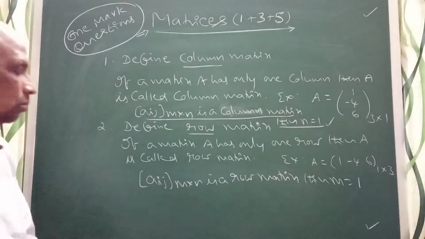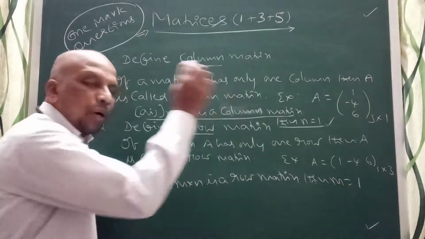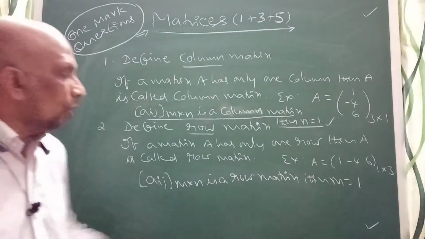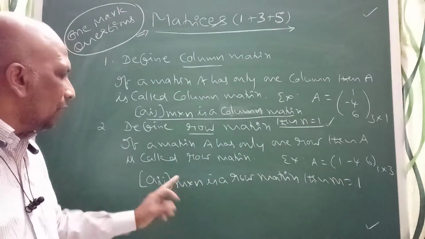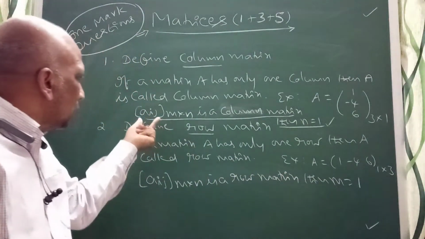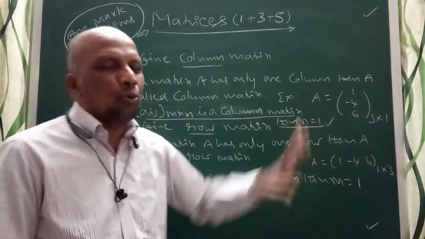One row, and any number of columns can be there. So when it is a row matrix, m is equal to 1. When it is a column matrix, n is equal to 1.